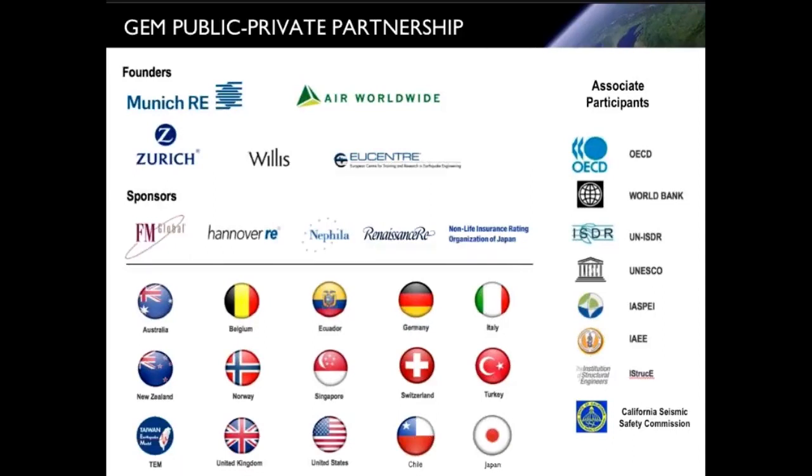And the countries that are standing alongside these companies are also making an enormous contribution. I might add here, you do not see Canada's flag. Easily rectified. The World Bank, the UN are very, very important players in this and helping us build this model.